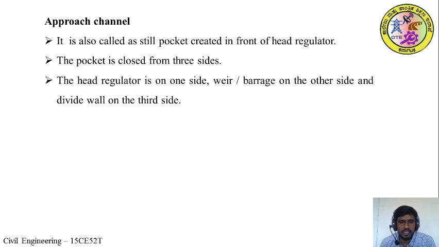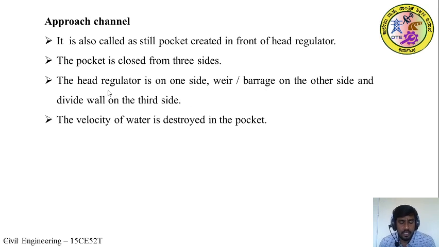The head regulator is on one side, the weir or barrage on the other side, and the divide wall on the third side. While studying the divide wall, you saw the divide wall and also the canal head regulator. That approach channel is surrounded on three sides and only one side is open. The three sides are the head regulator, the weir or barrage, and the divide wall.